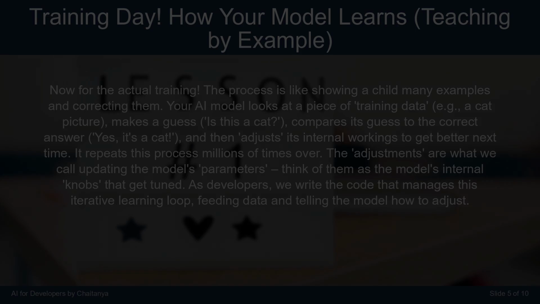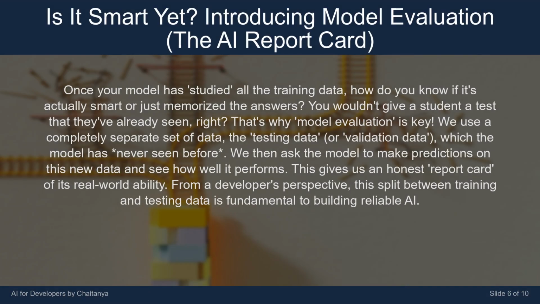Once your model has studied all the training data, how do you know if it's actually smart or just memorized the answers? You wouldn't give a student a test that they've already seen, right? That's why model evaluation is key. We use a completely separate set of data, the testing data, or validation data, which the model has never seen before.